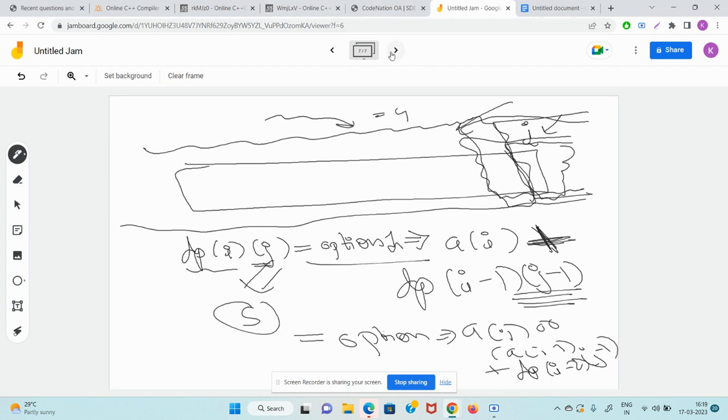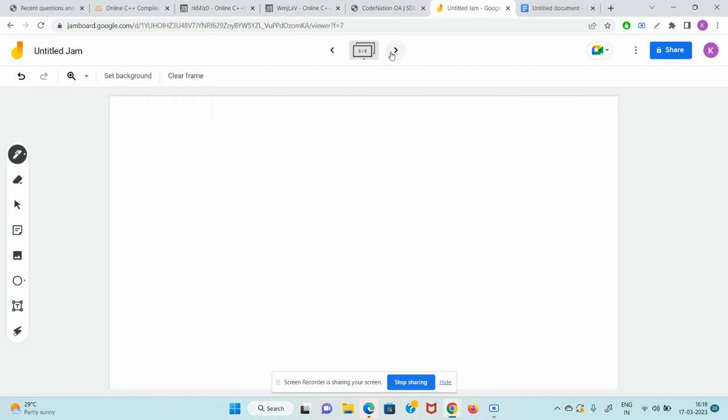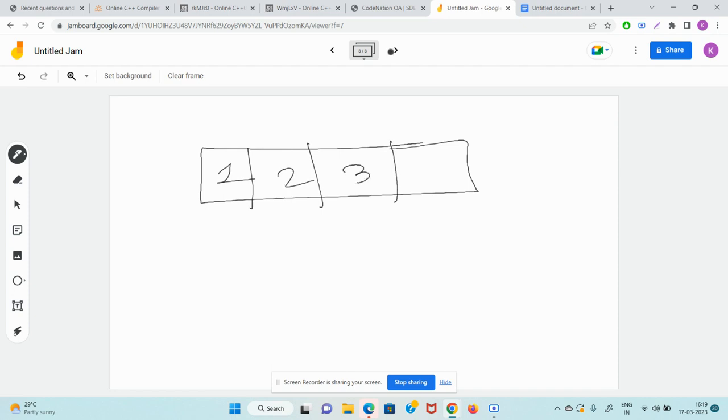Let's say you want to calculate dp of 4 of 2. You want to divide this array into two parts. What is option 1?